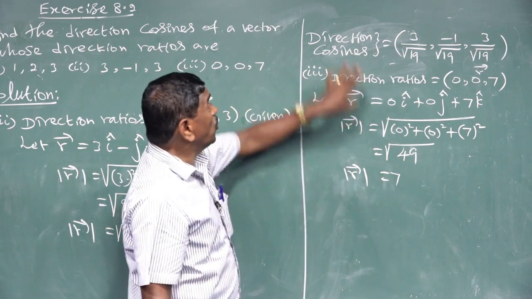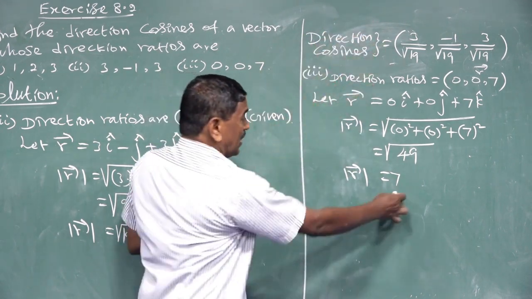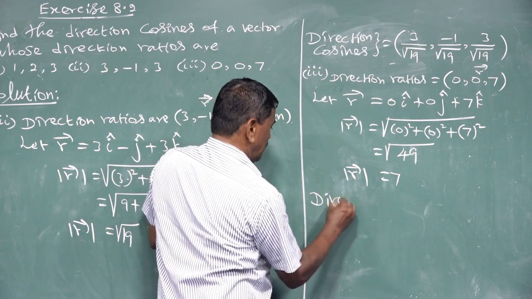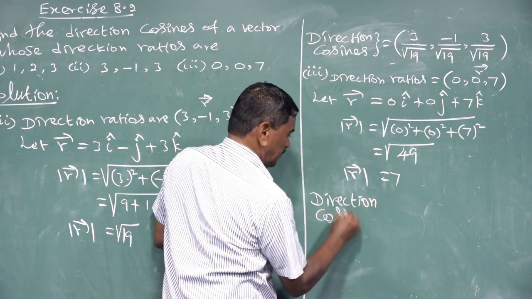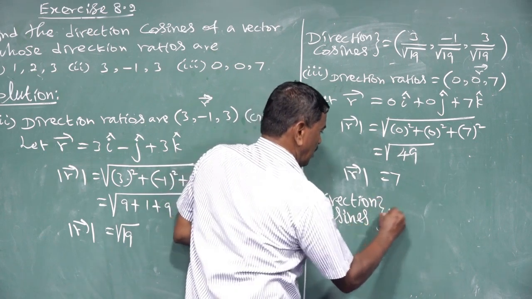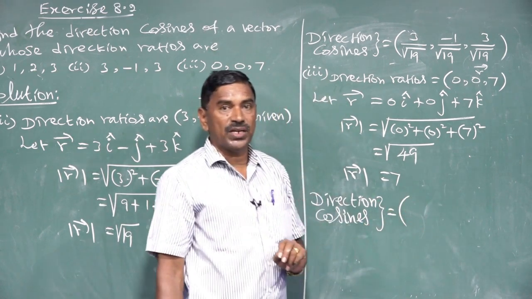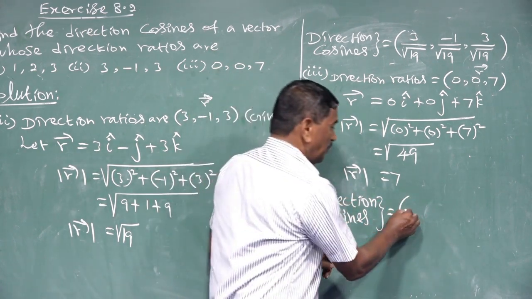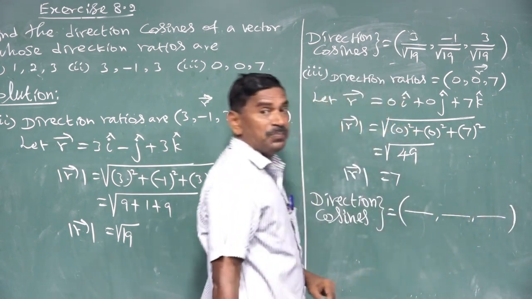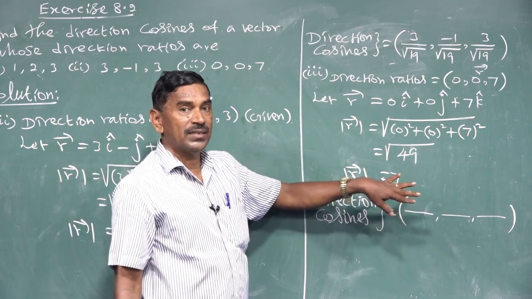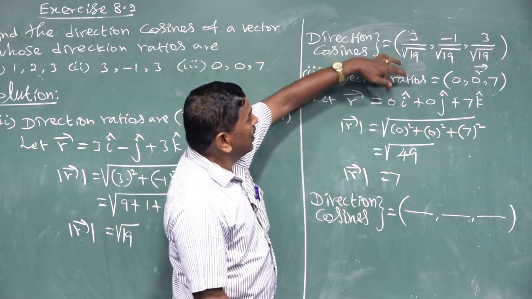Now I want to find the direction cosines. What do I write in the numerator?